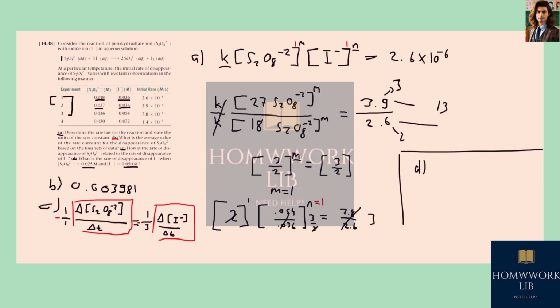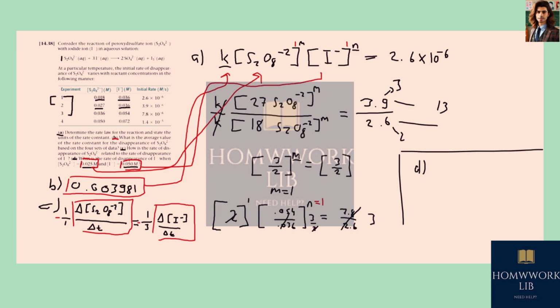Again, we're just going to write the average value of k, which is this, into our equation, write this number into S2O8 and this number into I, and we're going to get the number 4.97 times 10 to the power of -6.